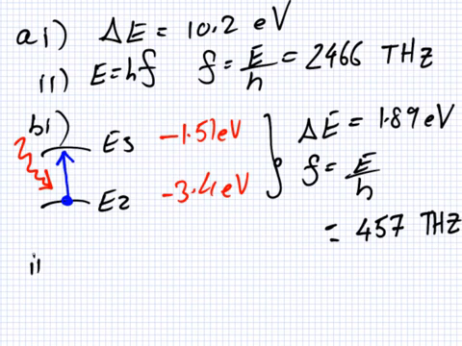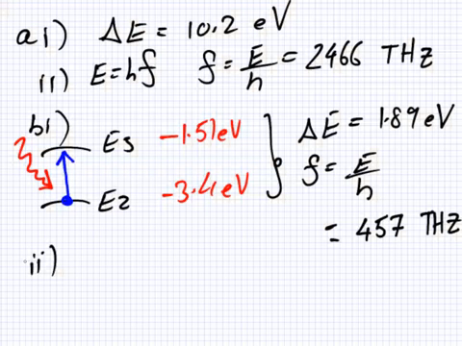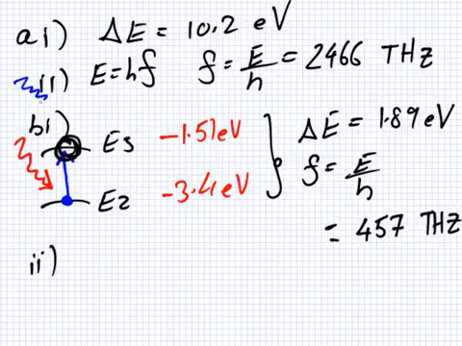B part 2, what is the energy state 3? While in energy state 3, a photon is fired at the electron, and the electron is freed. How much energy is required to free the electron? Okay, so now look, the electron is now here in energy state 3, and another photon is fired at it.